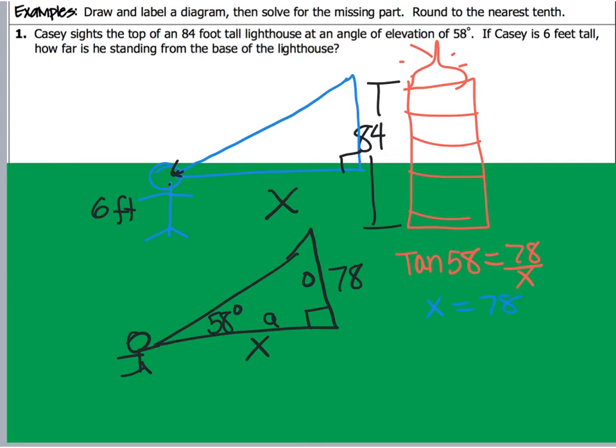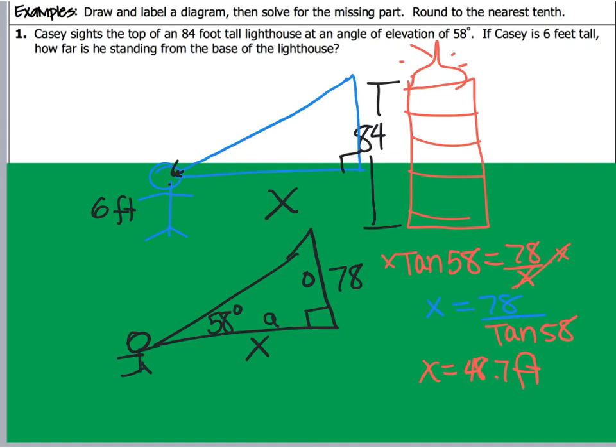So x is equal to 78 over tangent of 58. Because when we multiply both sides by x and then divide each side by tangent, x is over here and tangent is at the bottom. So when we put this in our calculator, we find out that x is 48.7 feet.